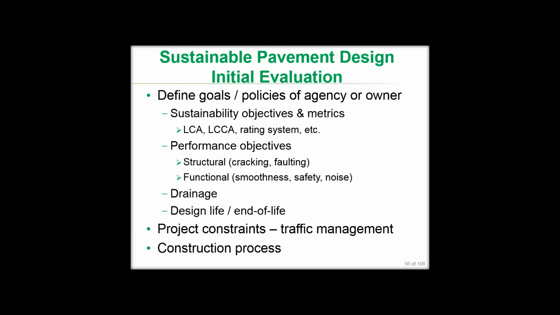So I just wanted to quickly keep this in mind about why, as we're going through the pavement types, the first thing to do is understand the agency's goals and policies.